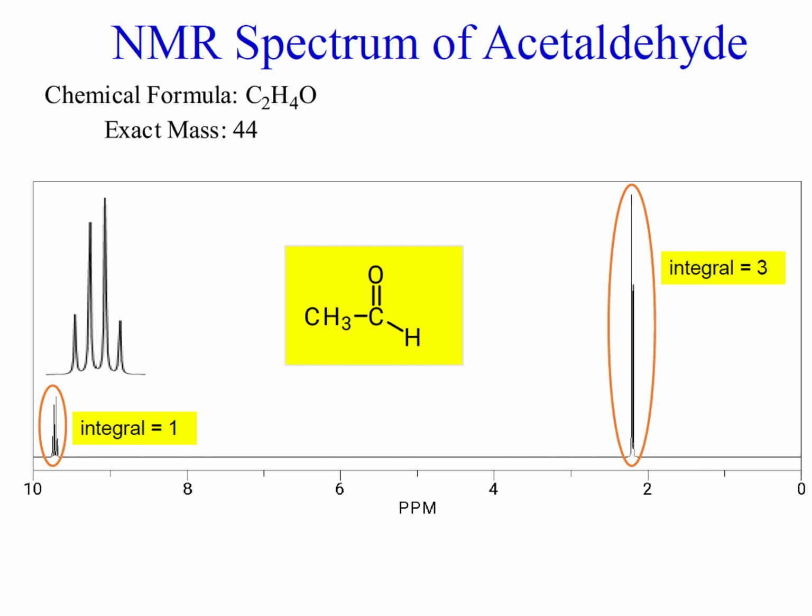Here is another NMR spectrum, of acetaldehyde. I'll finish this with a tricky one. You can see here CH3CHO. You may think that an aldehyde will not have a peak like hydroxyl or carboxylic acid. Actually, for carboxylic acid or any alcohol group, the H is attached to the oxygen, but here the H is attached to the carbon.